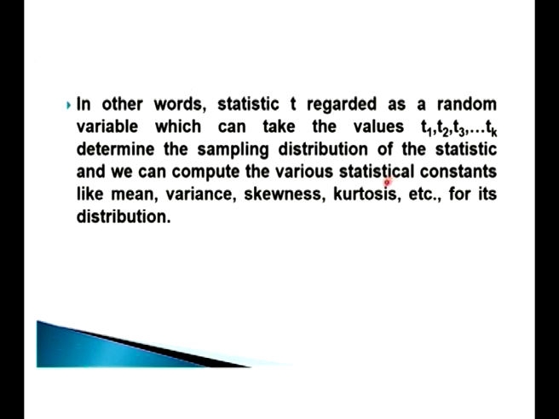The moments we calculated: mu1 is 0, mu2 is npq, that is the variance, mu3, and like that. Using the moments, measures of skewness and kurtosis were also developed. Like we have done in the binomial distribution, we can also compute the statistical constants mean, variance, skewness, kurtosis, etc. for the sampling distribution of the statistic as well.